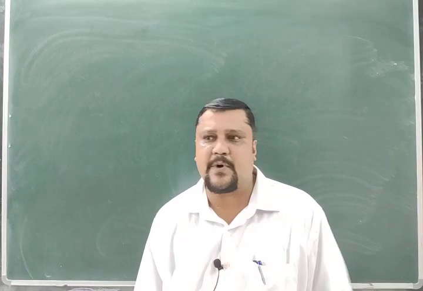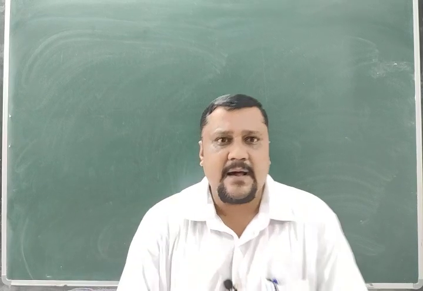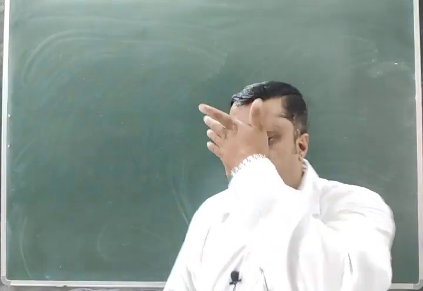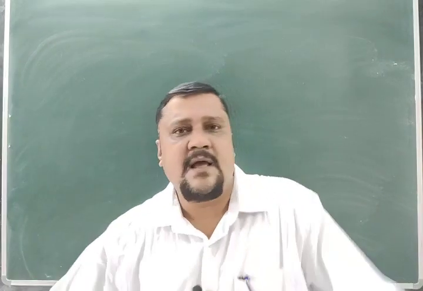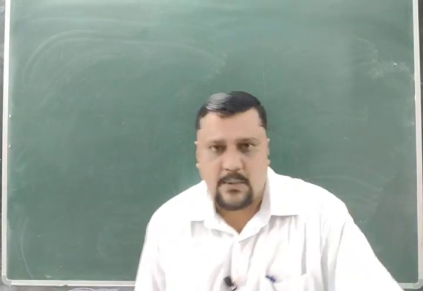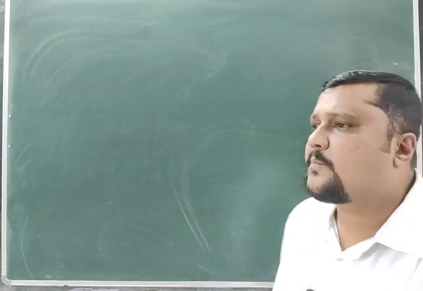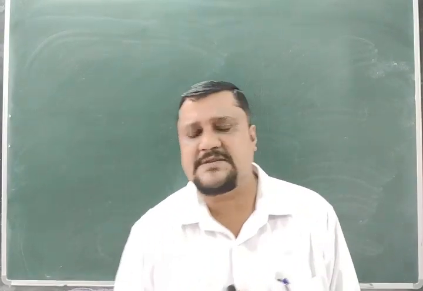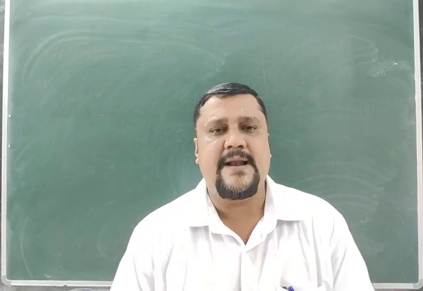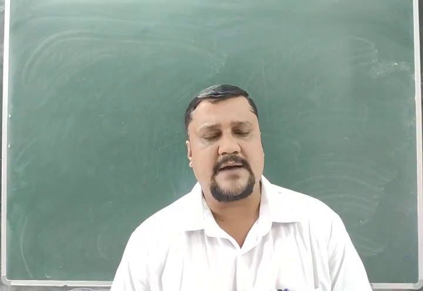This is the importance of the dot product, and I have given examples where it is used: work is a scalar, the dot product of two vectors, force and displacement. Students, go through this video and get a clear idea about the dot product of two vectors.